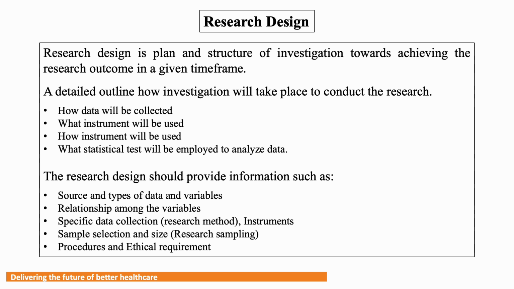The research design should provide information such as source and types of the data and variables, relationship among the variables, specific data collection, research methods and instruments, sample selection and size of the research sample, and the sampling method, which should also state whether the sample collected is randomized or not. The procedure and ethical requirements should also be taken into account.